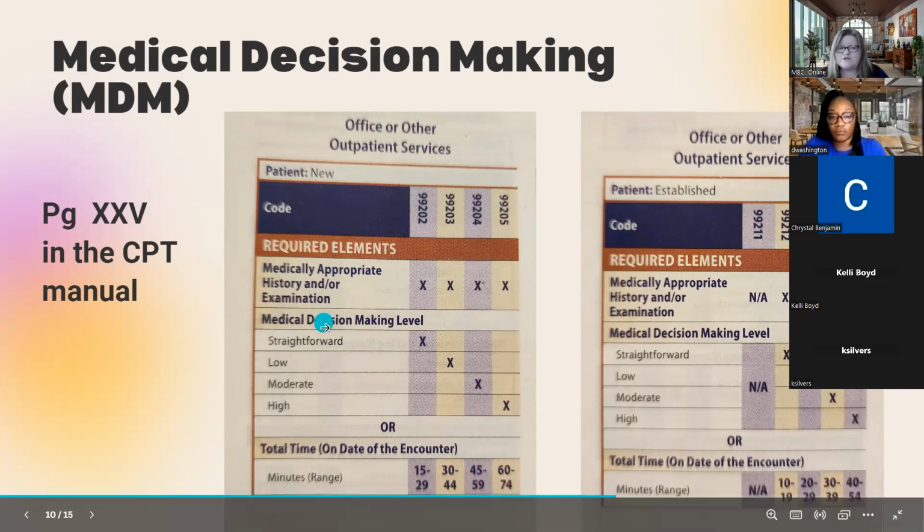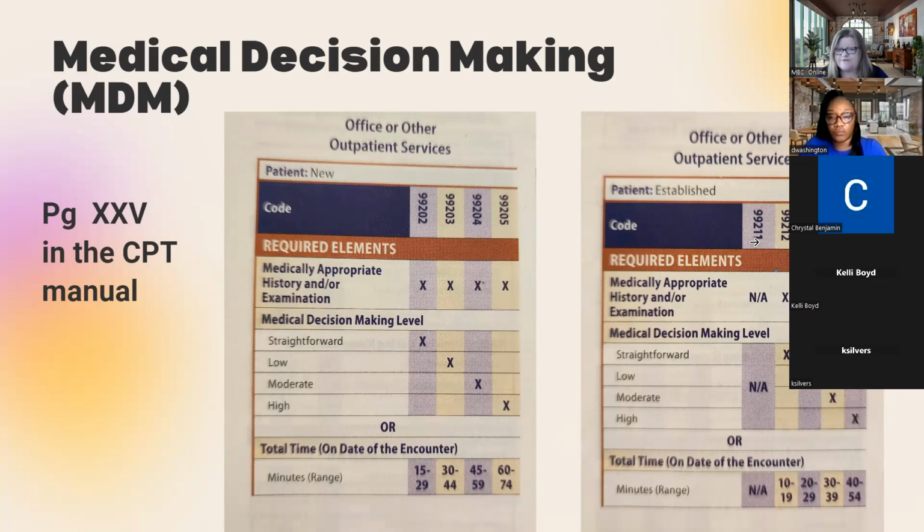This first one is the new patient, and the second one is the established patient, and both of these are for office visits. They have these for observation care, consultations, hospital care, inpatient and outpatient, neonatal and pediatric, initial nursing facility. All the different E&M codes that you will need are broken down, so you have this easier chart to go by.